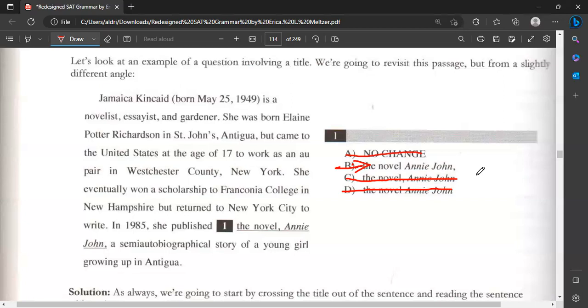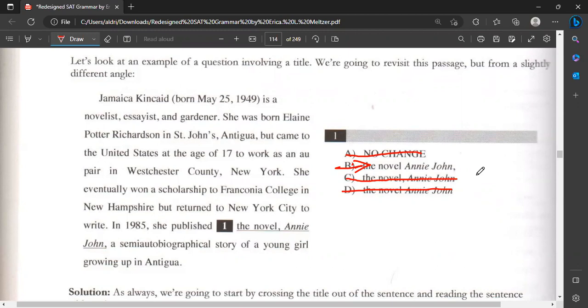And again, if we put a comma after John, that would be wrong because we don't know which specific novel, so it means we need only 1 comma after John. Yeah, it changes the subject, because if we put a comma after Annie John, then it means we have the novel, but we don't know which specific novel.